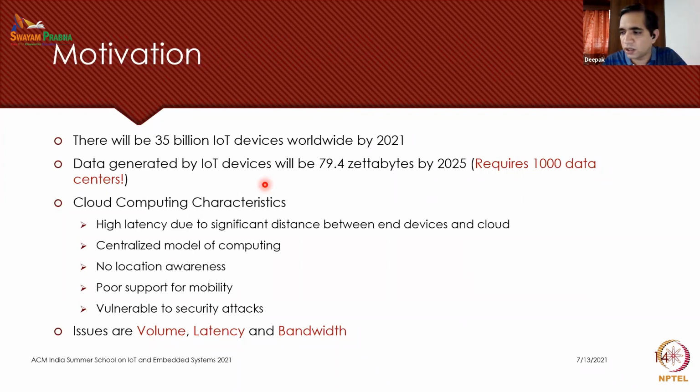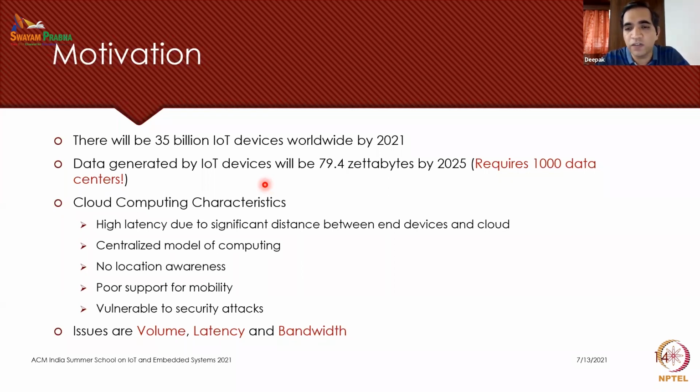I will stop with this slide. I'll just go through this slide and I'll stop here because this is the motivation for why we need edge computing. And the reason being, as I already mentioned, there are a lot of devices that are currently connected, and obviously the emergence of IoT has made that possible.